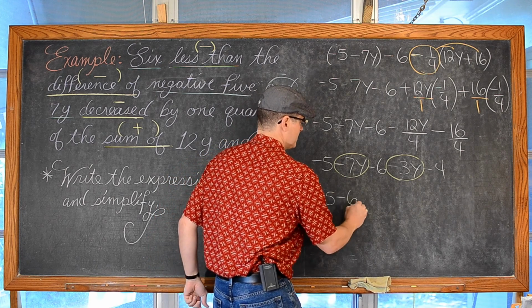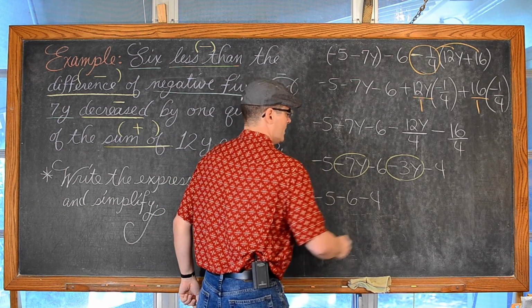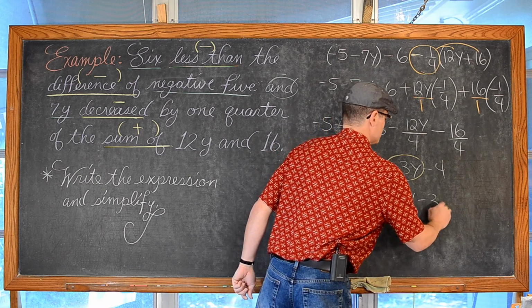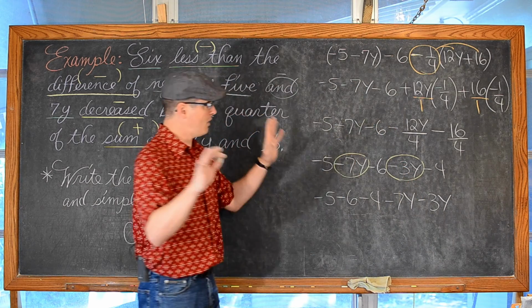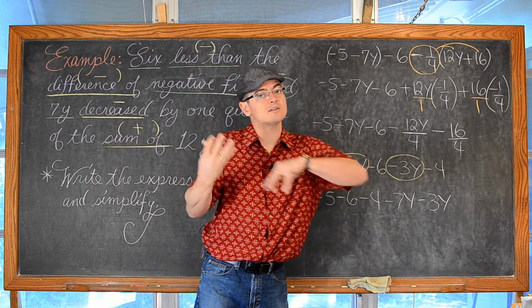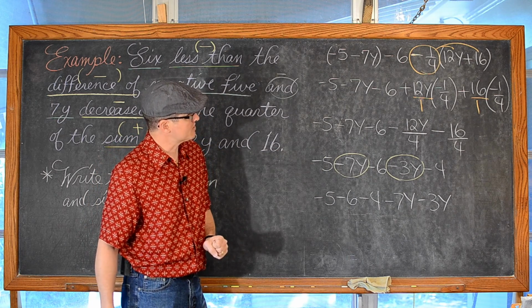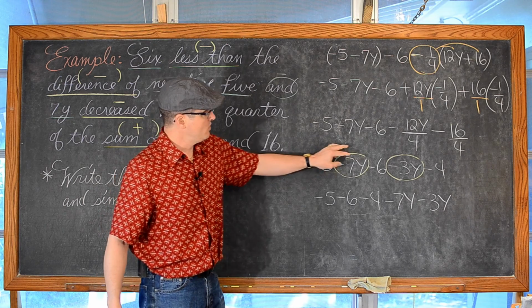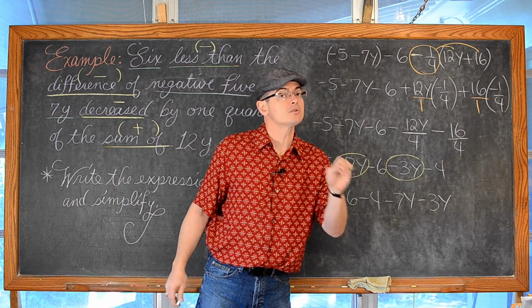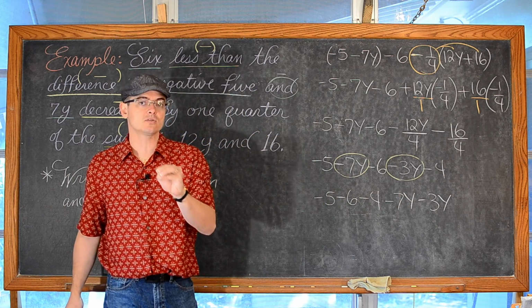Or you can rewrite this if you'd like: -5 minus 6 minus 4 minus 7y minus 3y. You might be thinking, whoa, all these are subtraction. Subtraction is not commutative. And maybe it's a little bit confusing with this one because everything is negative, but you can move terms around as long as you keep the sign with that term.